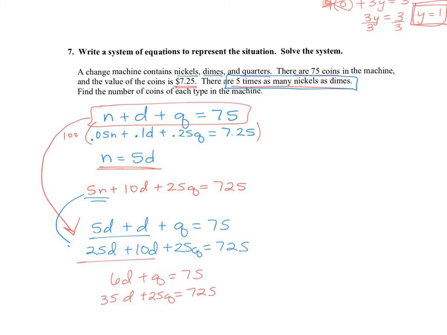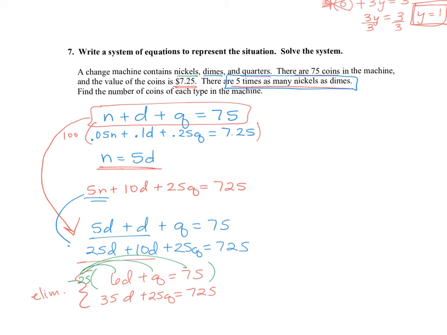So then what I would do is now I would try to eliminate in that system. The way I can do that is I can multiply this top equation by negative 25. So when I do that, I'm going to distribute that negative 25. Here's what I get.